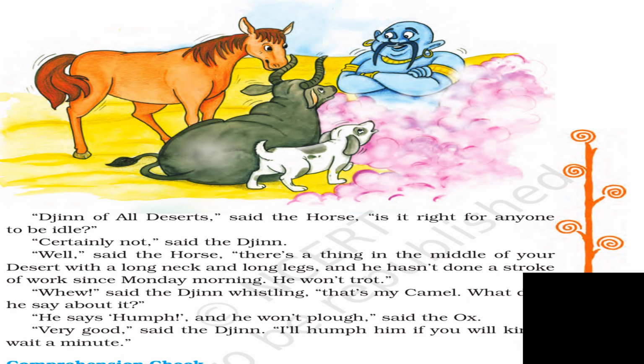The horse did not say anything about the camel directly to the one in charge of the desert, meaning Djinn, but he said it in an indirect way by saying an animal with a long neck and long legs.